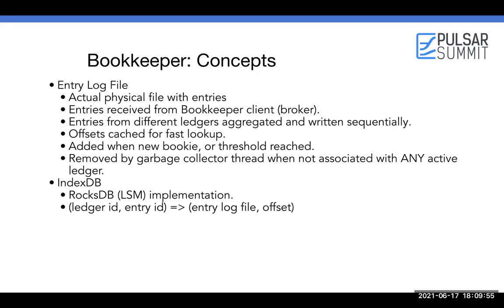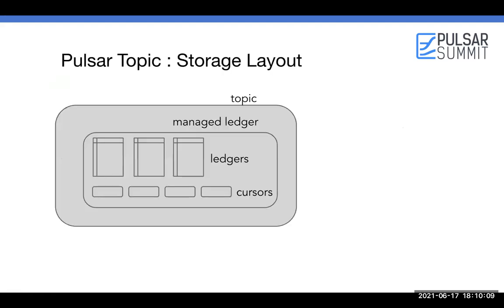So when you go back to look at a message by offset, this is how that could flow through the index to find that exact location in the physical entry log file and the offset there to read that message.